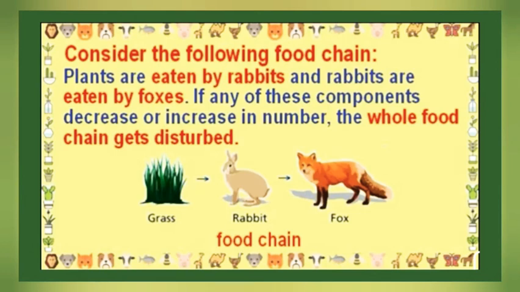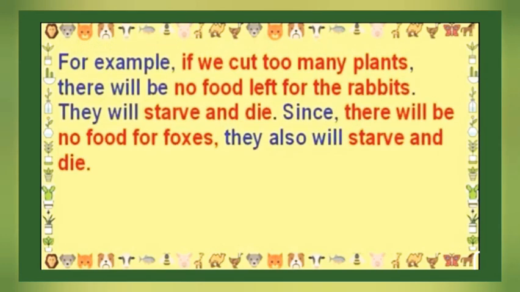If any of these components decrease or increase in number, the whole food chain gets disturbed. For example, if we cut too many plants, there will be no food left for the rabbits. They will starve and die. Since there will be no food for foxes, they also will starve and die.